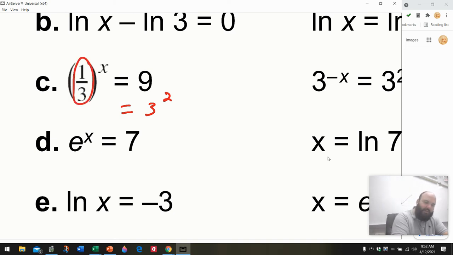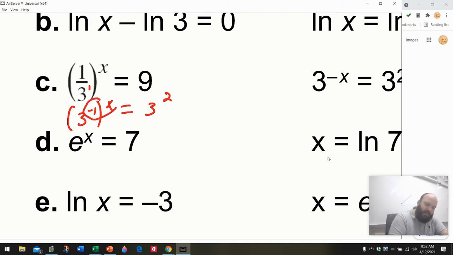We need to bring this 3 up to the top. Now, if you recall, that is 3 to the 1st. And if you move something from the bottom of a fraction up, you can do that, but it makes the power negative. So what this becomes is 3 to the -1 power to the x power is equal to 3 to the 2nd. So we're almost there getting the bases to match.